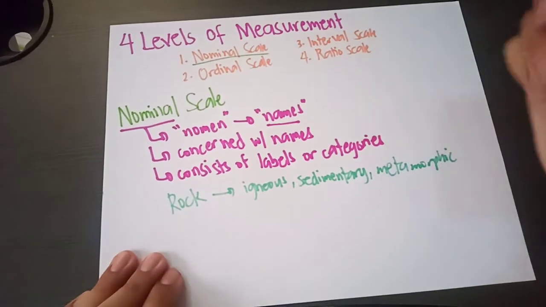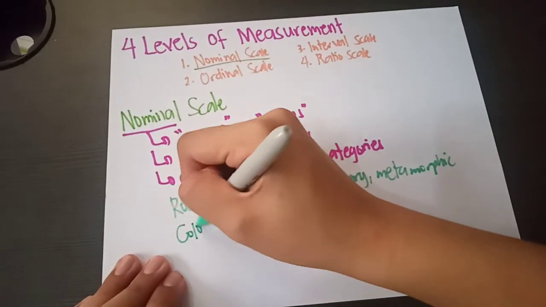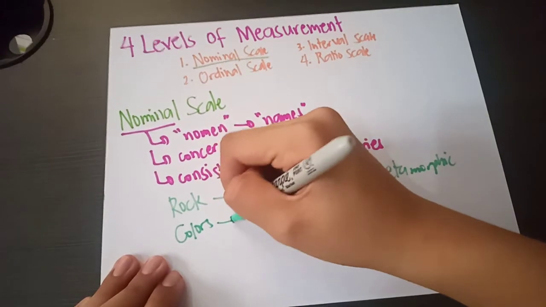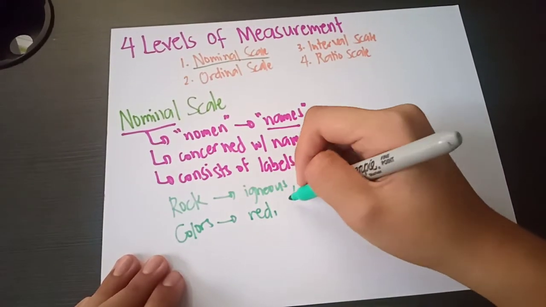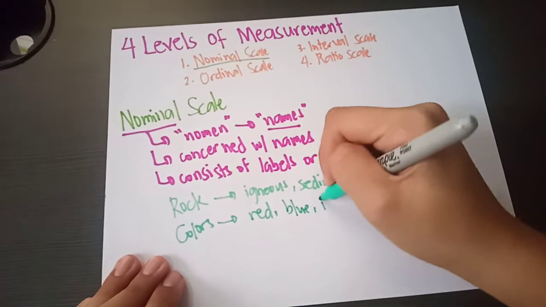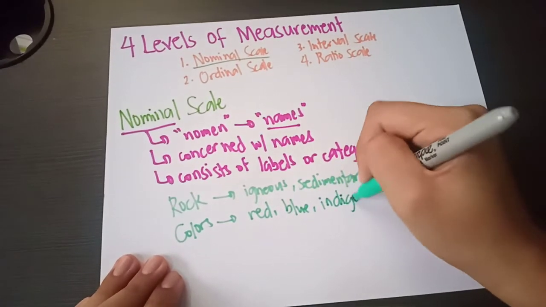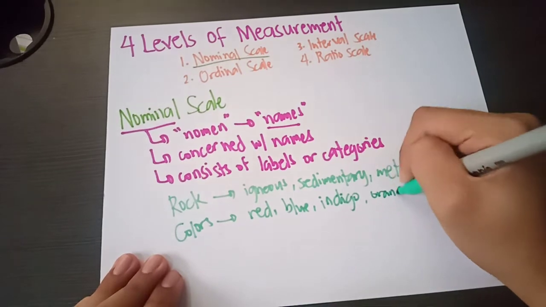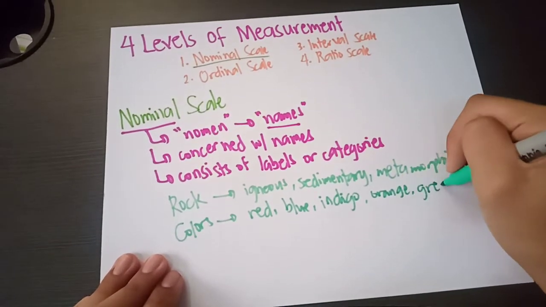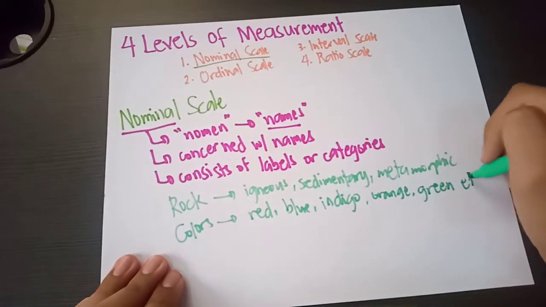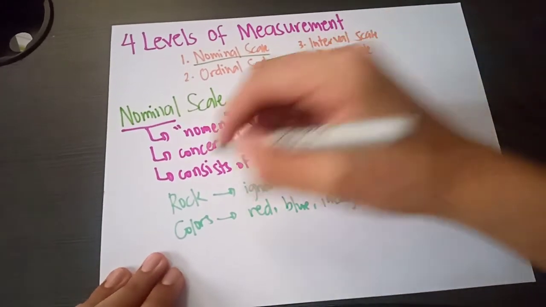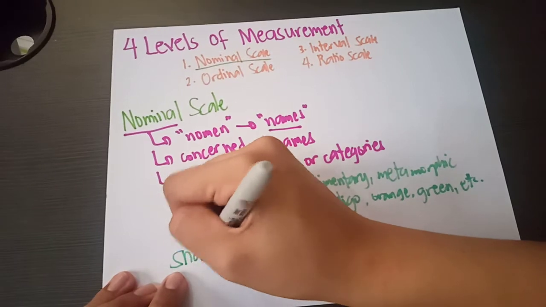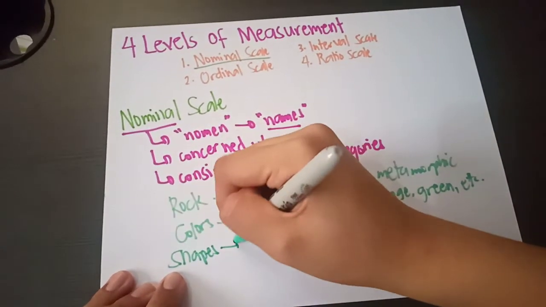Let's say we have the variable colors. So we can have red, blue, indigo, orange, green, and etc. Then the variable shapes.